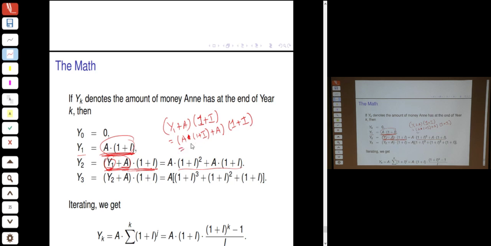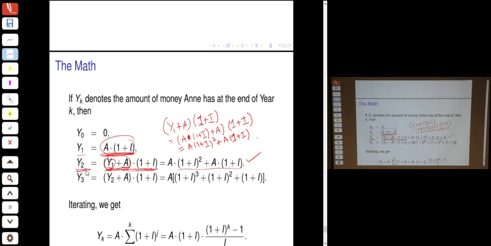So this is A times 1 plus I squared plus A times 1 plus I, okay, as we have here. So this is Y2, the amount she has in the bank after the end of the second year.